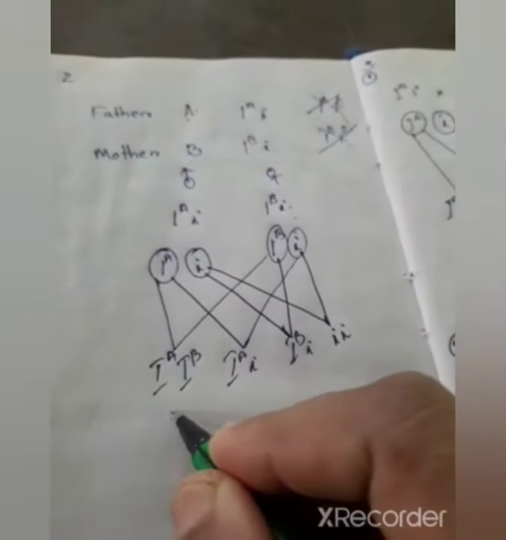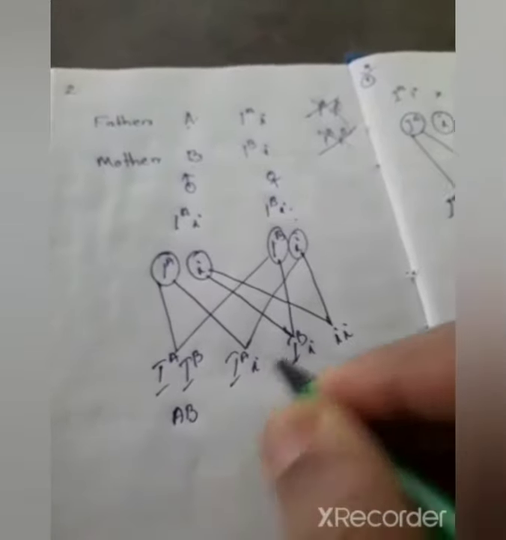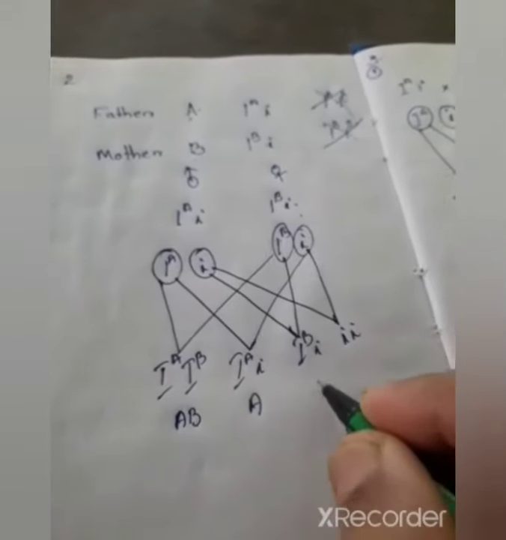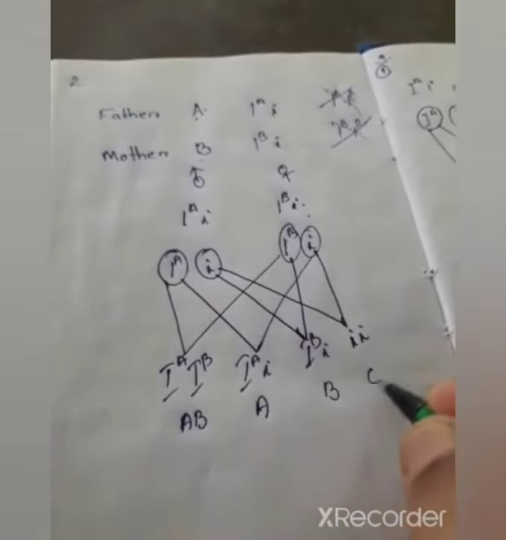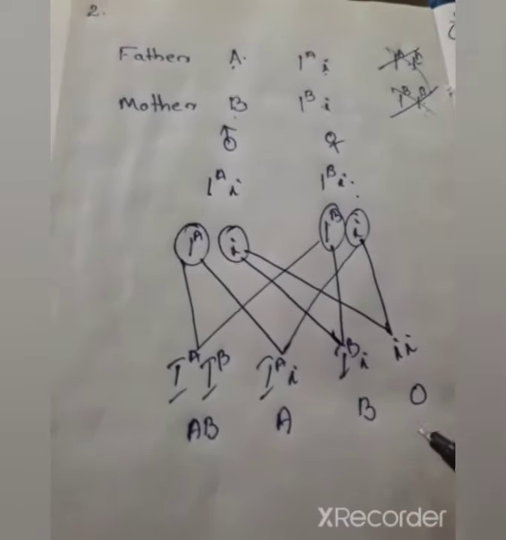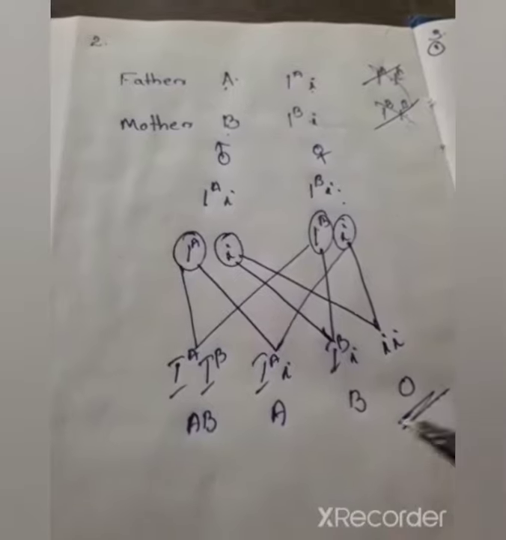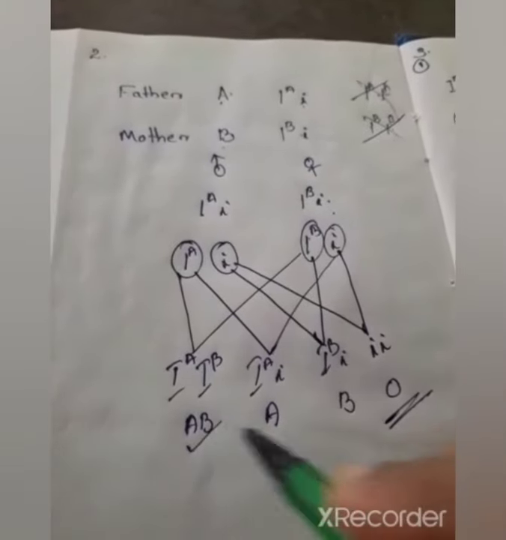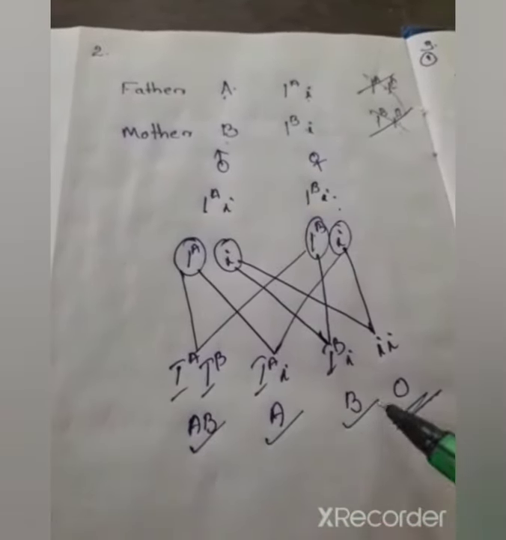This indicates AB, this A, this B, this O. One offspring is given in our question, that is the O. The other offsprings are AB, A and B.